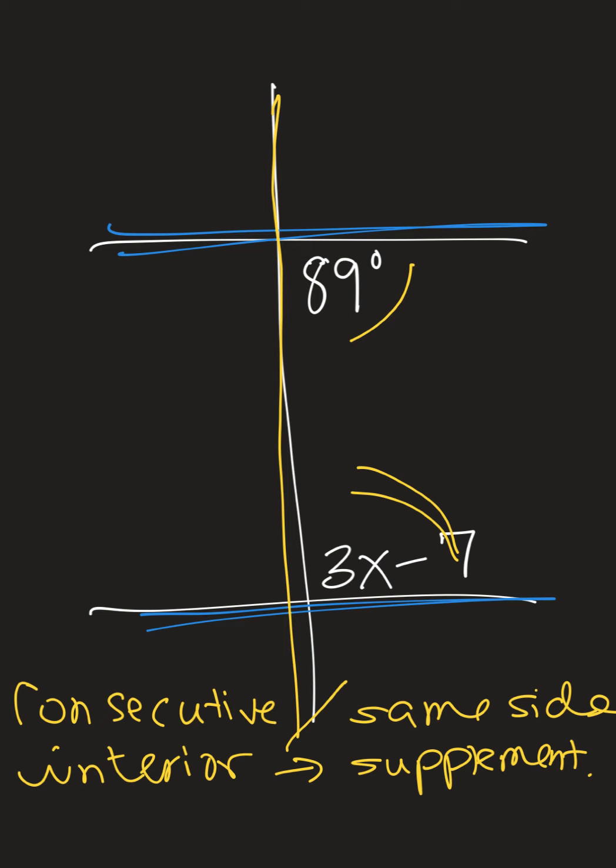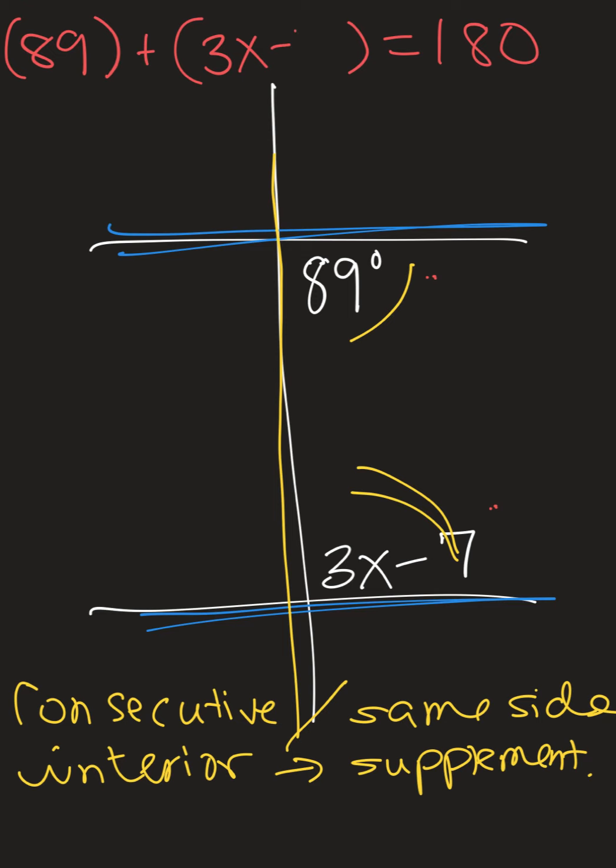And supplementary angles have a sum of 180 degrees. So if they have a sum of something, that means I can add them up, this angle up here and this angle down here, and they will equal 180 degrees. So I have 89 degrees for one of the angles, and 3x minus 7 for the other angle.